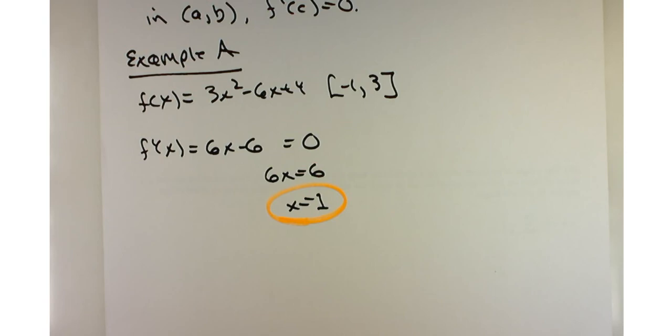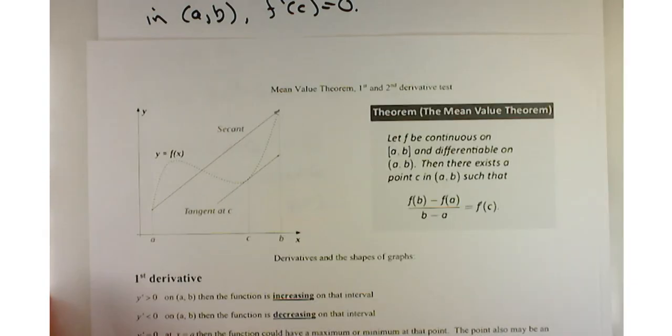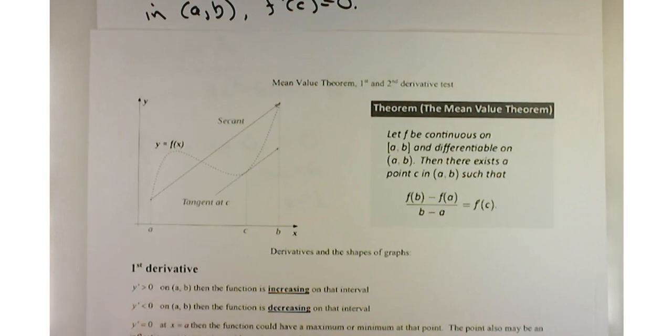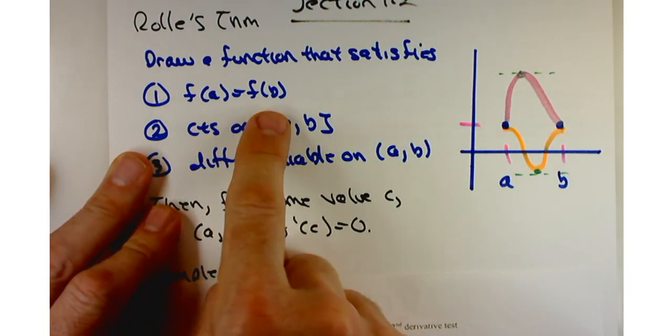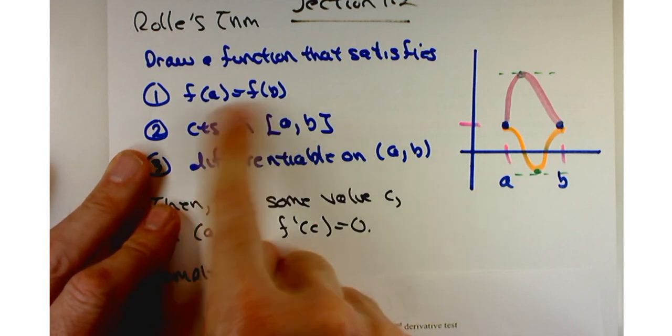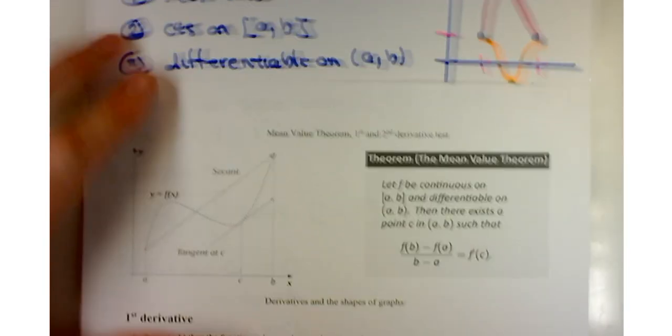So let's look at the mean value theorem and see if we can make some heads or tails out of it. So let's talk about the mean value theorem. The mean value theorem is really just generalizing this. What we're going to do is get rid of the requirement that f of a equals f of b. They no longer have to be equal at the endpoints.